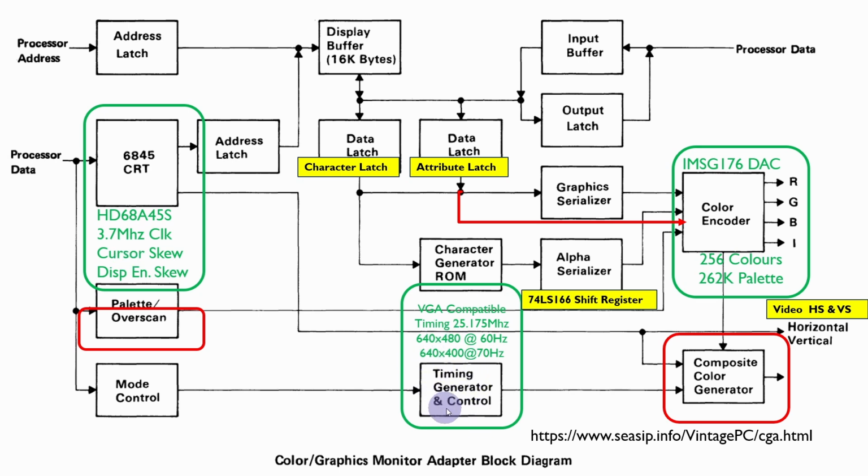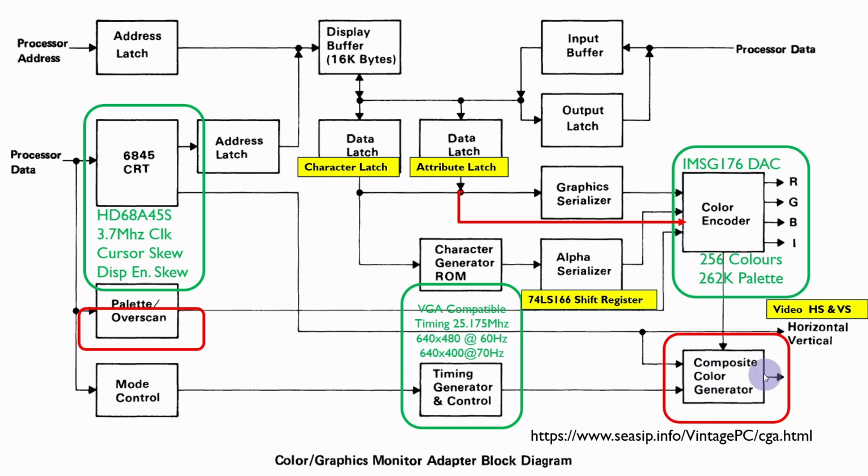For the timing generator control, we're going to be running at 25.175 megahertz, which is the basic VGA dot clock frequency. That means we're generally going to be using 640 pixels across and 400 lines at 70 hertz. That's generally what the text modes in VGA run at.